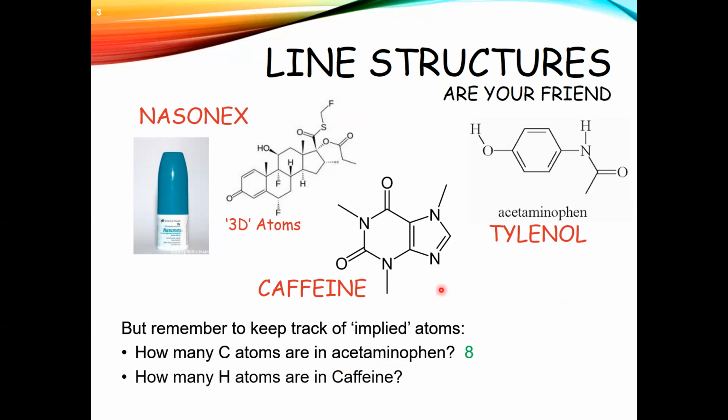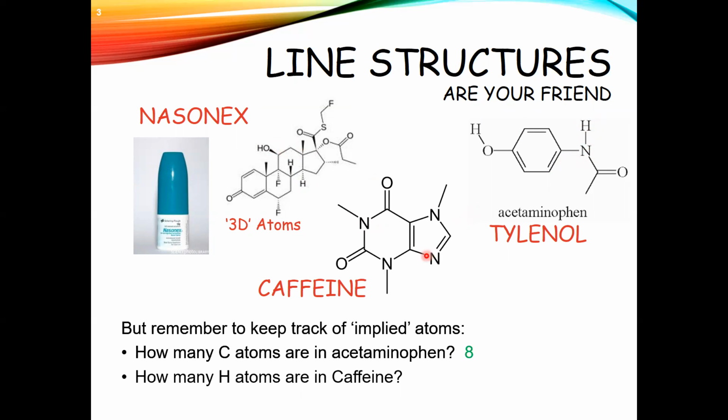I can also ask you to look at something like caffeine here and ask how many hydrogens are in that caffeine, and you'd have to be able to count it. Generally, if a hydrogen is on something like an oxygen or a nitrogen, we'll actually draw that out. For example, on the Nasonex structure, you'll see that I've got an oxygen here with a hydrogen. On acetaminophen, I have a hydrogen on this nitrogen.